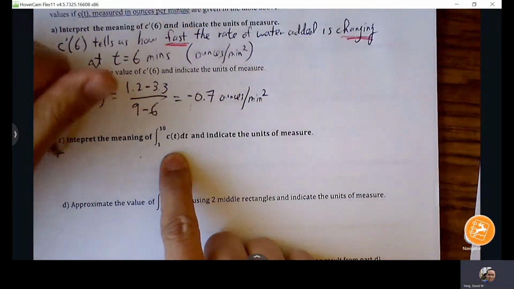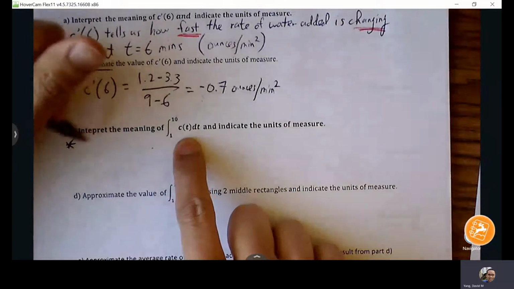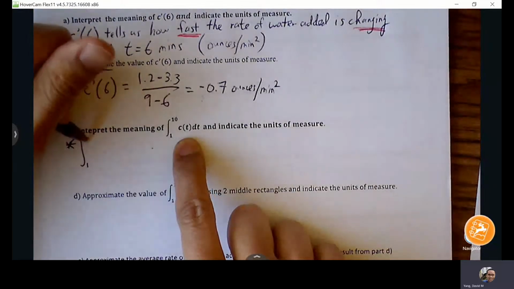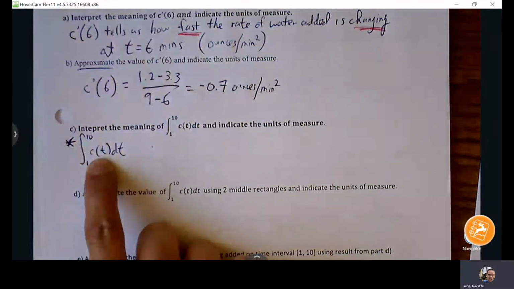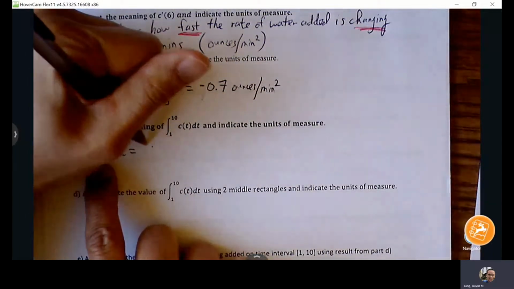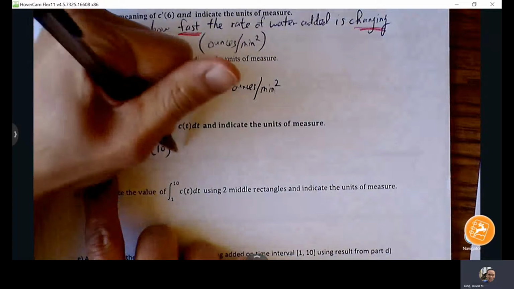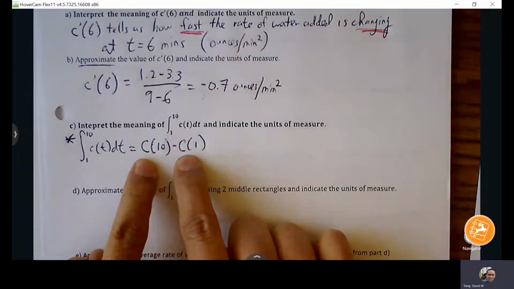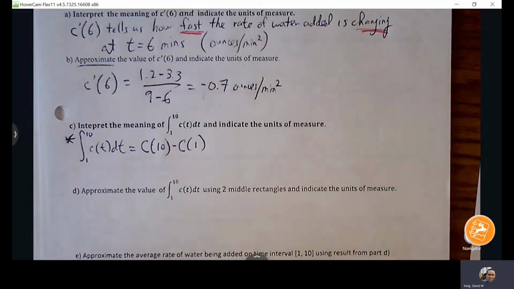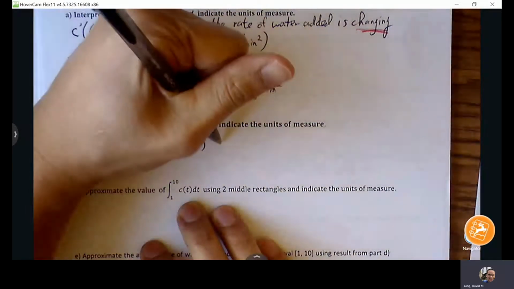Just to show you a little bit of notation here. The first theorem tells us that I can always take the antiderivative, and let's say the antiderivative of lowercase c becomes uppercase C, and uppercase C of 10 minus uppercase C of 1 indicates the displacement, right? This tells us how much water is changing between the 1st and 10th minutes.